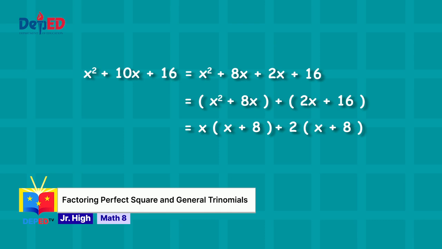What did you notice? Both of them have a binomial factor x plus 8. So we can finally factor it completely as the product of the quantity x plus 8 times the quantity x plus 2.